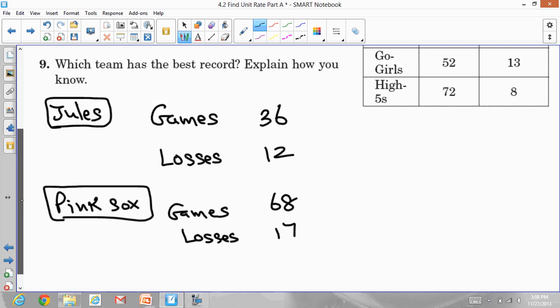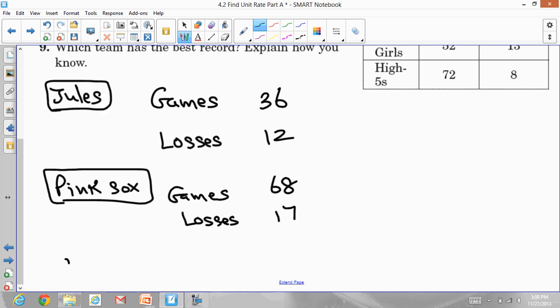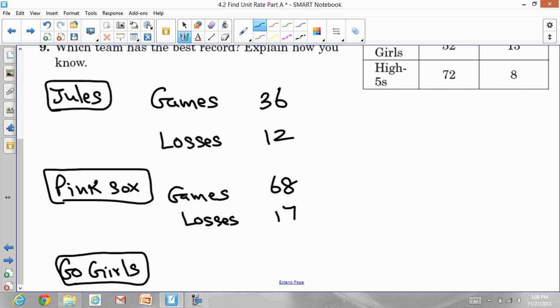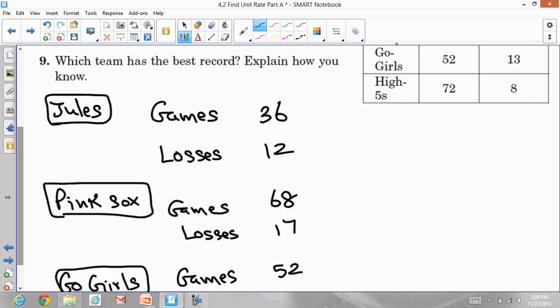Let's do the same thing for Go Girls. Games and losses. The games played was 52 and the losses they had was 13.